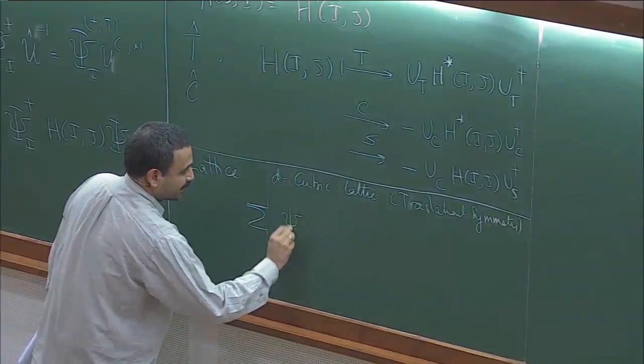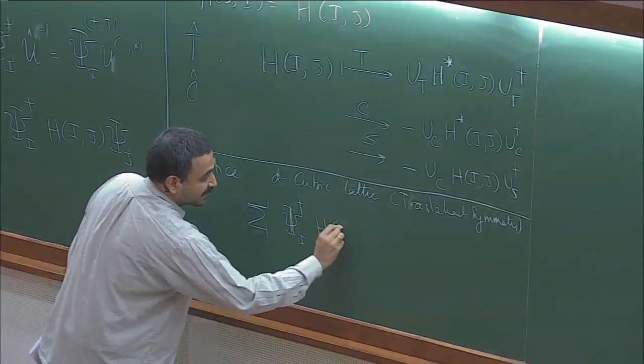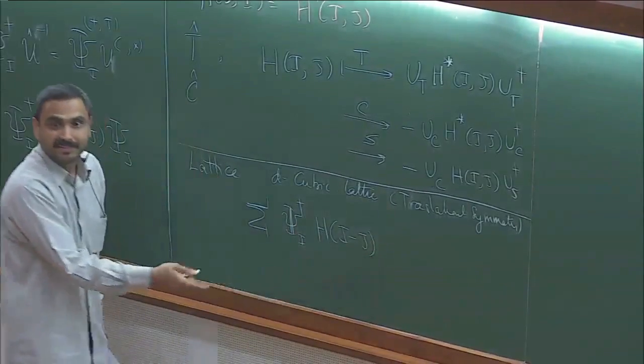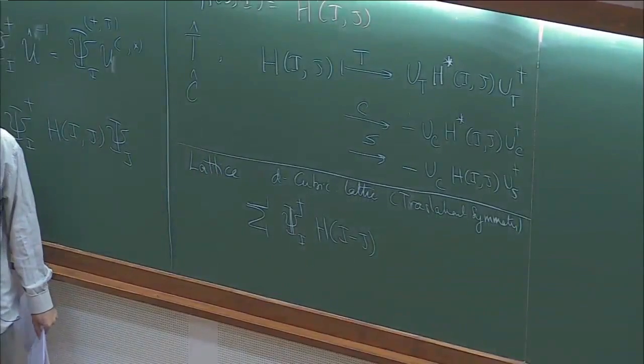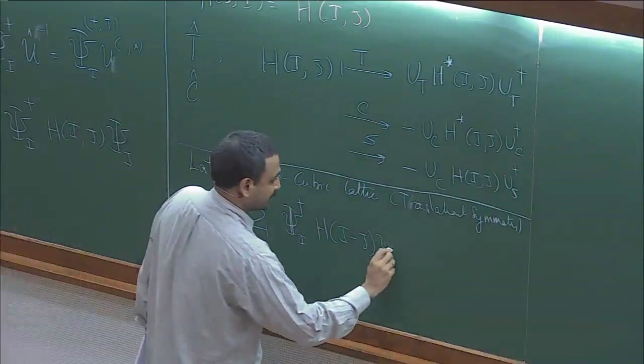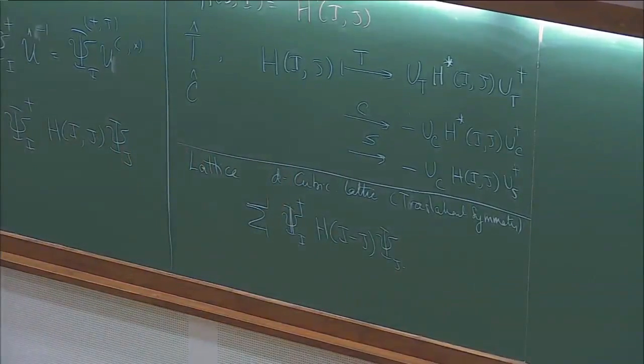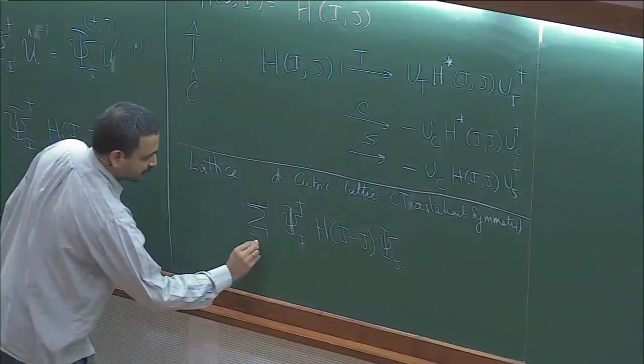I will get something like this: psi dagger i, and this becomes H i minus j, because it will only depend on the distance, or the vector, between these two. This is summed over i and j, of course.